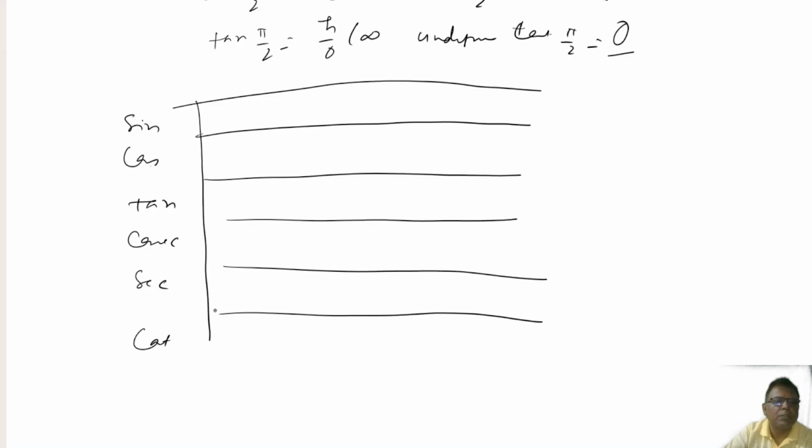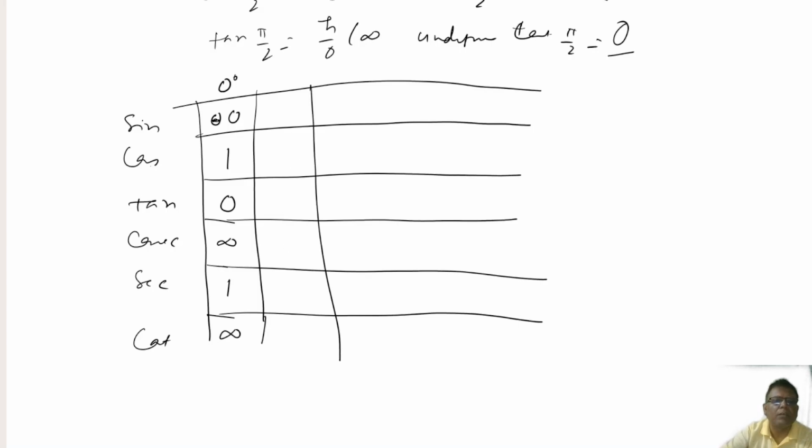So first for 0 degree. 0 degree: 0, 1, 0, undefined, 1, undefined.